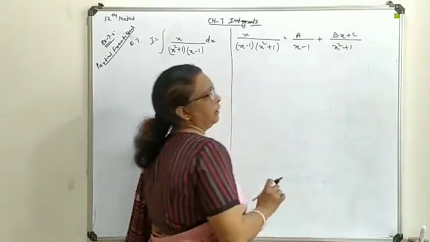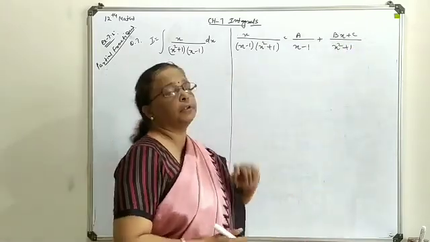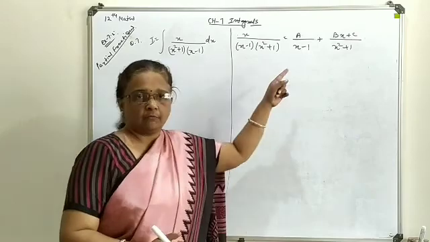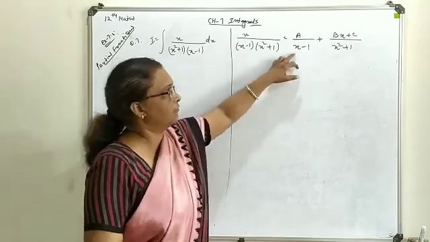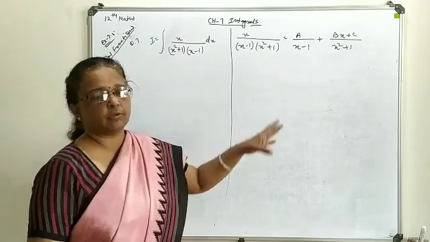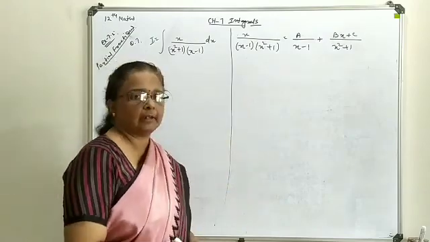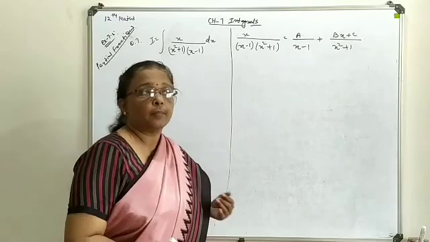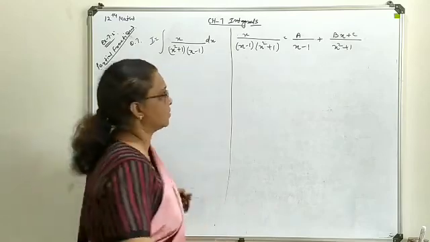Whenever you are writing this quadratic form, you introduce 2 constants together with the help of x. It may be at the first place, it may be at the second place. It is not necessary that every time you write it at the second place; it can even be written at the first place. But the process of evaluation will remain the same.